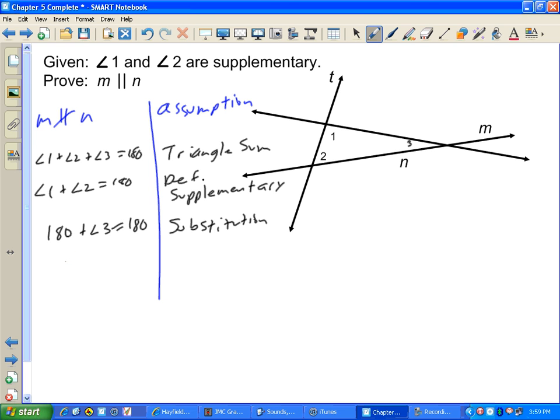If I simplify, I would get that angle 3 equals 0 degrees by subtraction. So again, we can't have this angle 3. So this is contradicting our assumption. So this is a contradiction.